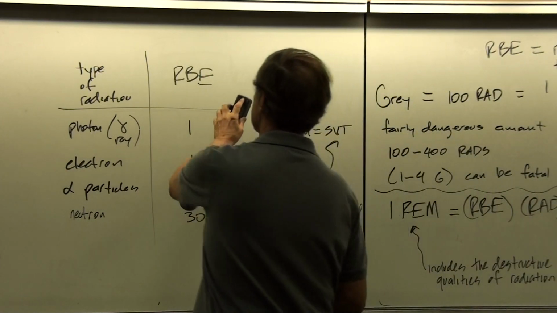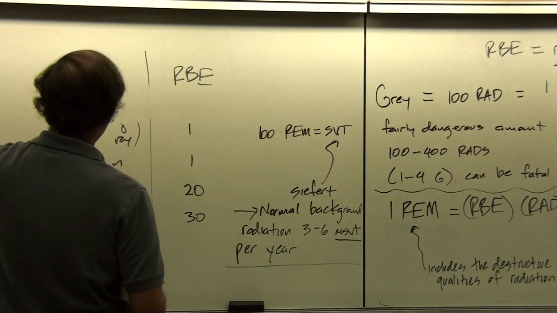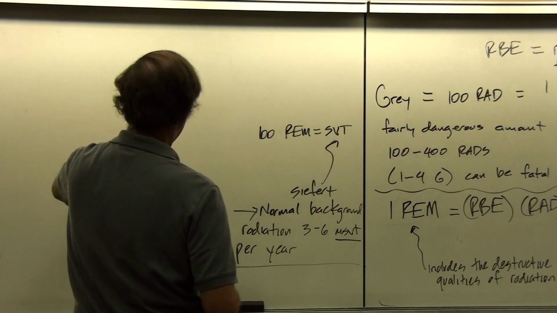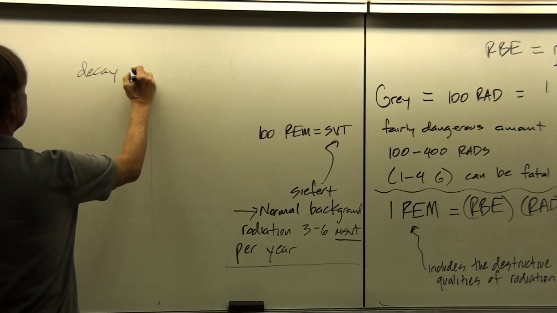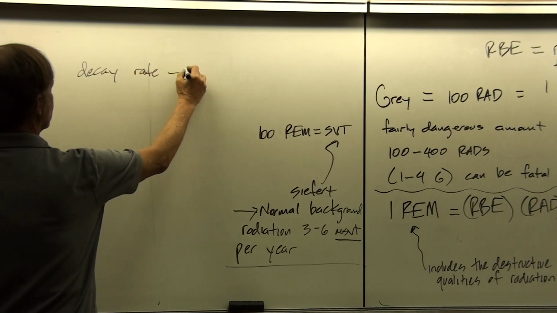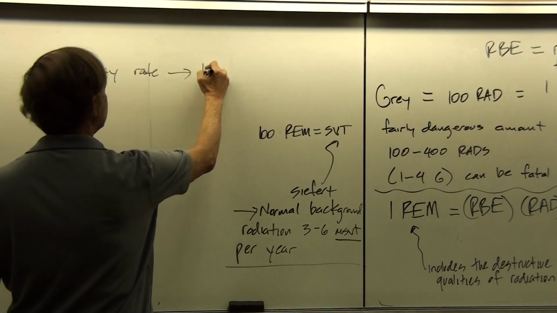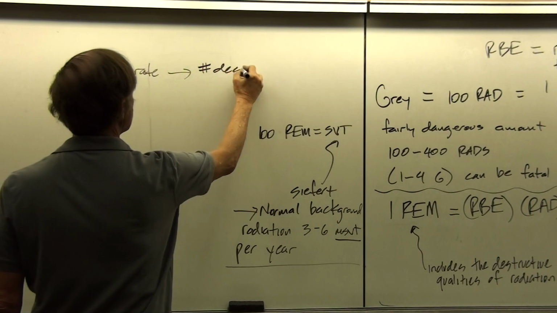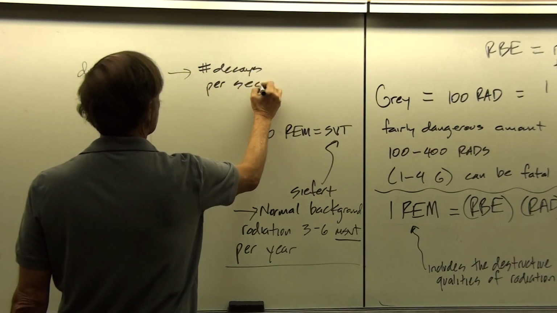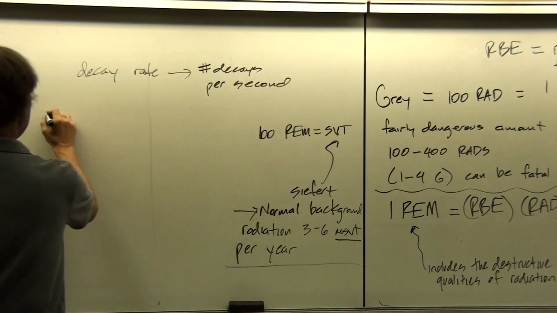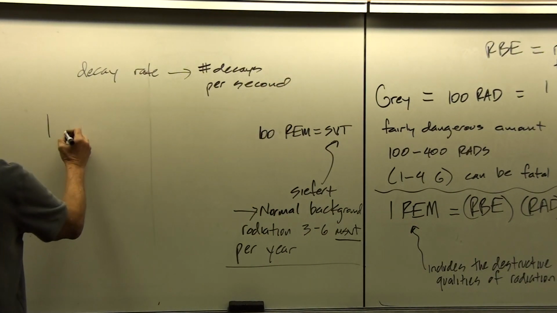Okay, now in terms of decay rates, these are often written in terms of Curies. So decay rate then is number of decays per second. So 1 decay per second is called a becquerel.